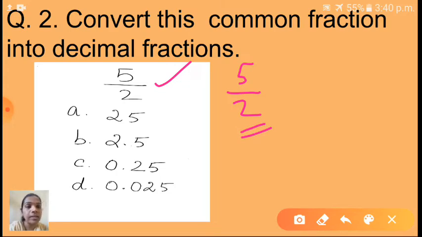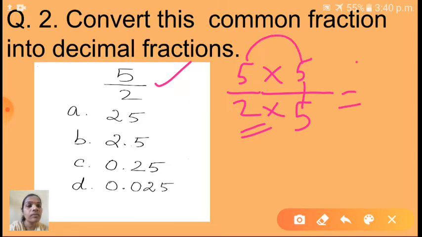How do we convert? We have to multiply this 2 by 5. At the same time, the numerator also you have to multiply with that same number, 5. Okay. Now see here, 5 5s are what? 25 upon 5 2s are 10. Understood now? So 25 upon 10.